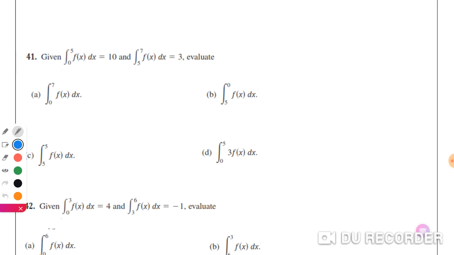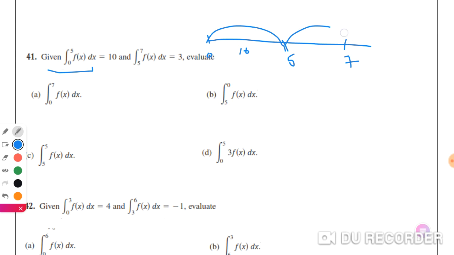Look here, let's solve the following one. Given the integrals from 0 to 5 and from 5 to 7. The definite integral from 0 to 5 is what? 10. The definite integral from 5 to 7 is what? 3. I ask you to find the definite integral from 0 to 7.